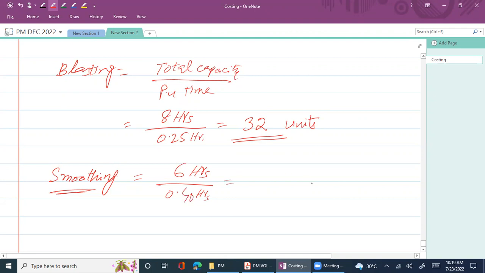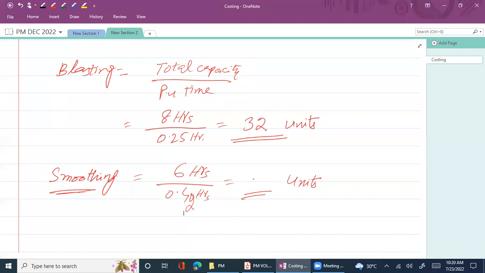So how many units? 42. 0.42? Yes, 0.42. Okay, then what will be the number of units that we can produce in smoothing? 14.